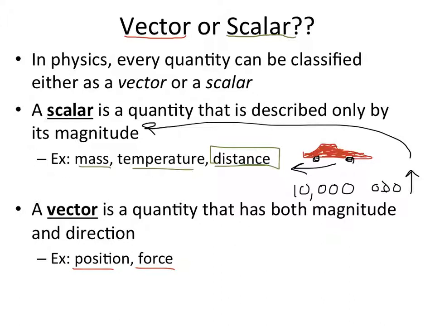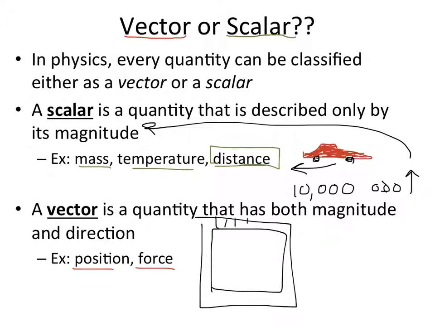If we have a game of Monopoly right here, around the edge you've got all your little blocks that you move through, and in the middle is where you put your cards and everything. But a vector quantity can have a positive or negative value. So you might have your little piece right here. I'm in car mode, so I'm going to draw the little car.